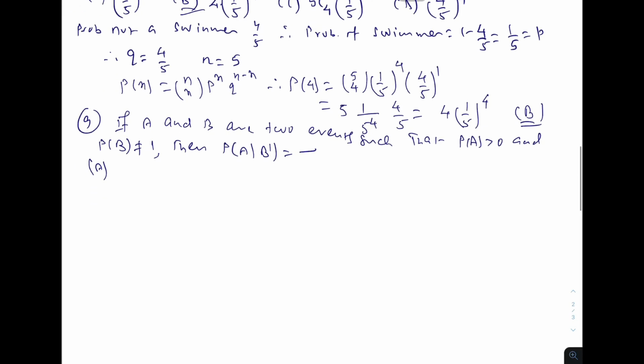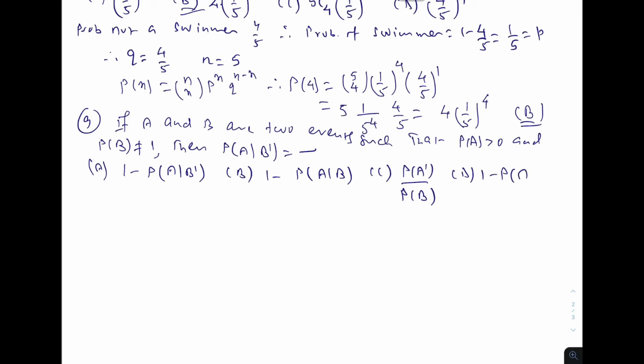Options are 1 minus P of A given B dash, another option 1 minus P of A given B, then P of A dash over P of B, and 1 minus P of A dash given B dash.